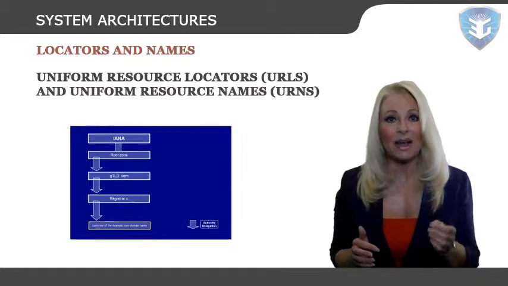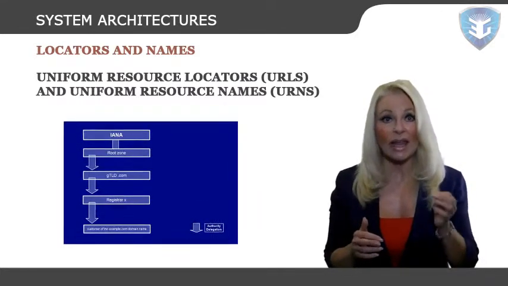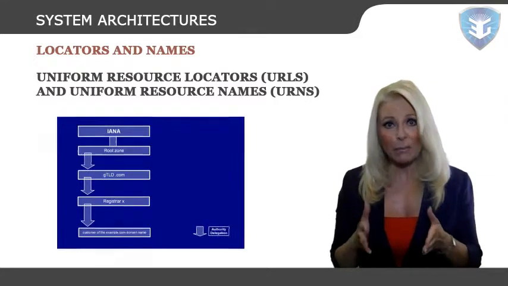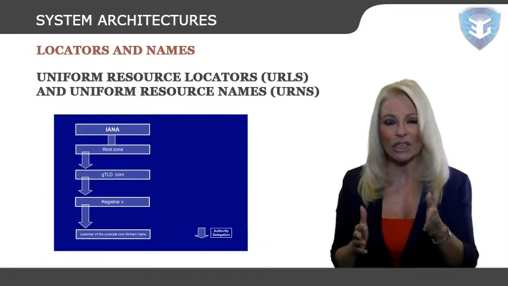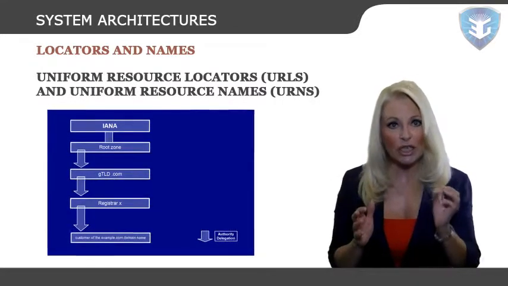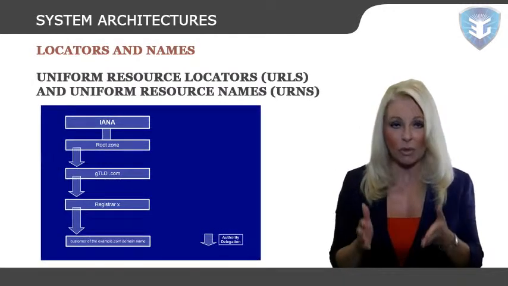The Internet Assigned Numbers Authority, IANA, manages a lengthy list of registered URI schemes. Hypertext Transport Protocol, HTTP, Secure HTTP, HTTPS, and File Transport Protocol, FTP, are probably the most common.